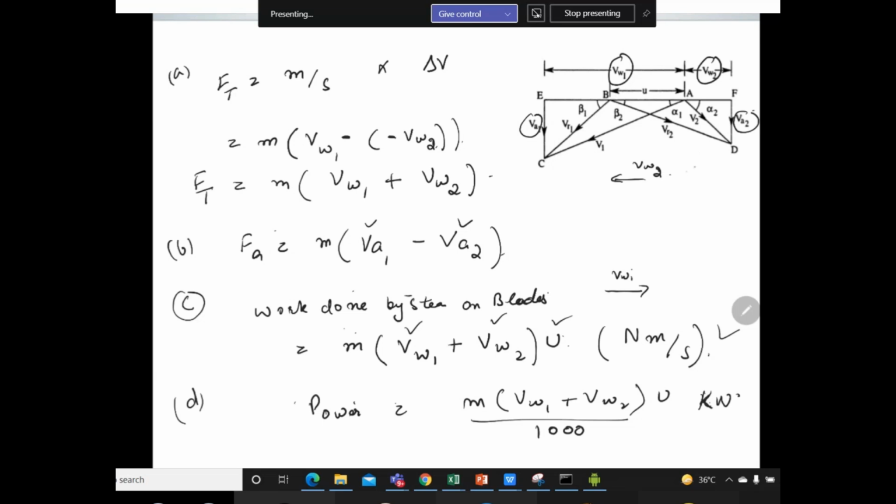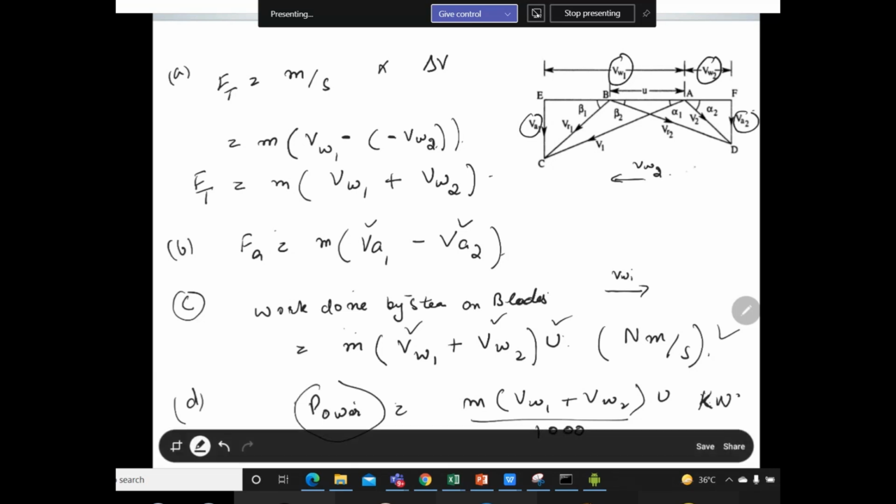So you can easily find that this is your power relation. You can just note these relations down, because we have to use them directly in the problems as well. Then we will continue writing more relations.